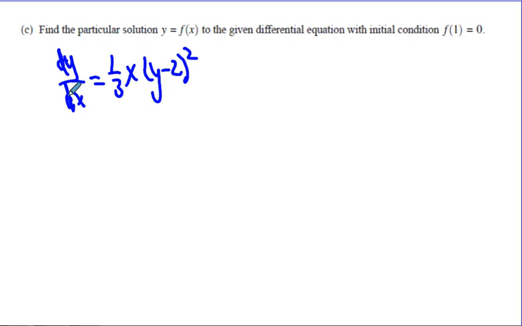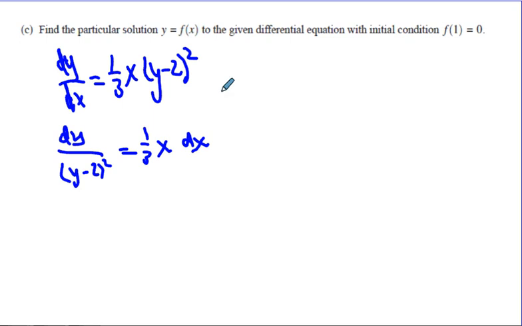So I'm going to move dx to the right side, and I'm going to take the (y minus 2) squared to the left side. So I'm going to get dy over (y minus 2) squared equals 1/3 x dx.